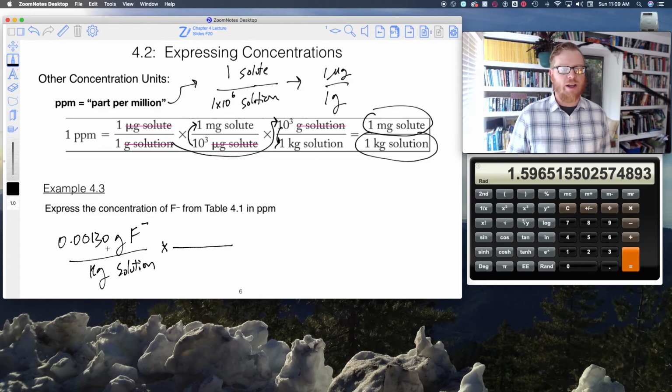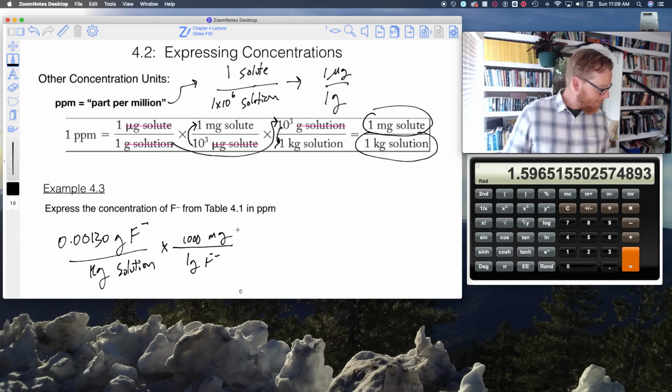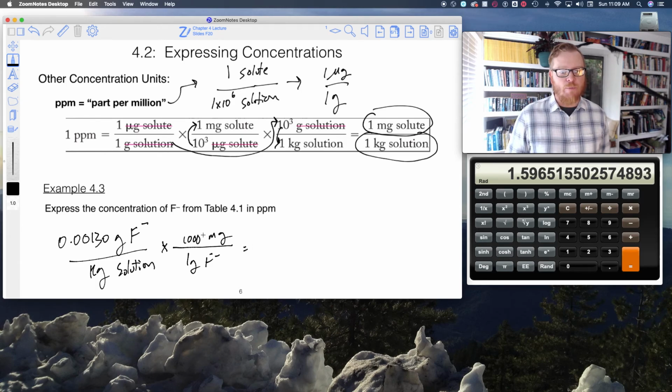But now I want to convert this grams of F- into milligrams. So I can say 1 gram of F- is the same as 1,000 milligrams. Okay. And now that gives me, move the decimal 3 places, that makes it 1.30 milligrams of F- per kilogram.